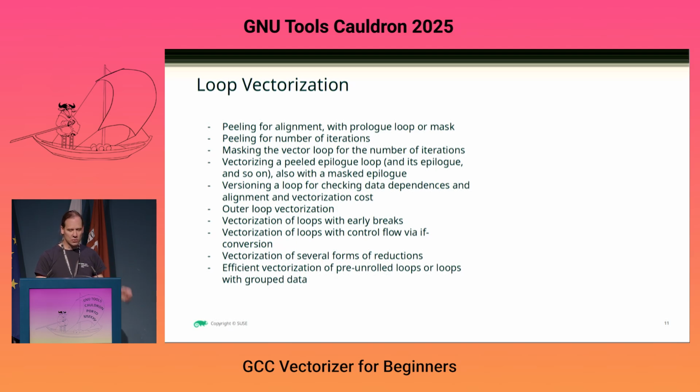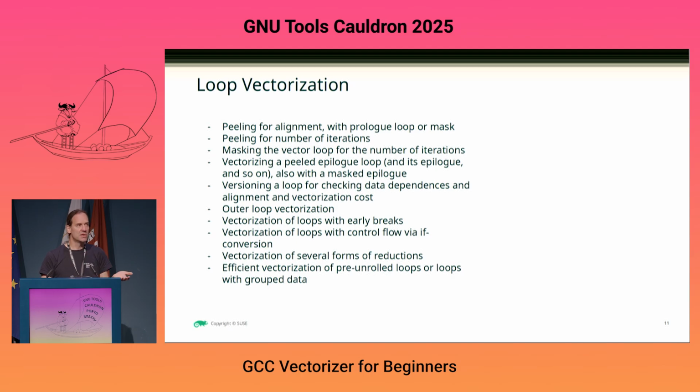The vectorizer can do versioning. What that means is it makes a copy of the loop before vectorizing it and conditionalizes the execution of the original scalar loop or the set of vectorized loops based first on some cost function, which is usually based on the actual number of scalar iterations of the loop.